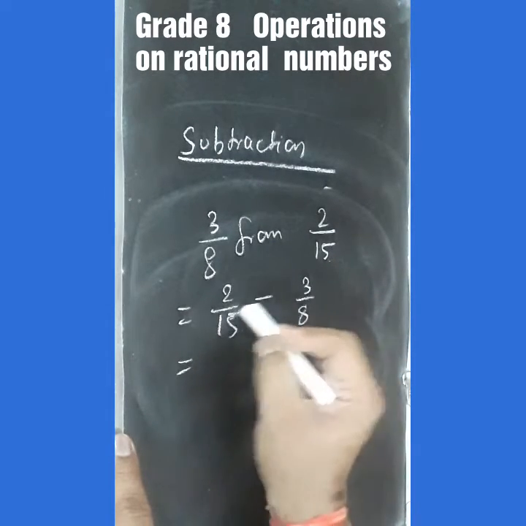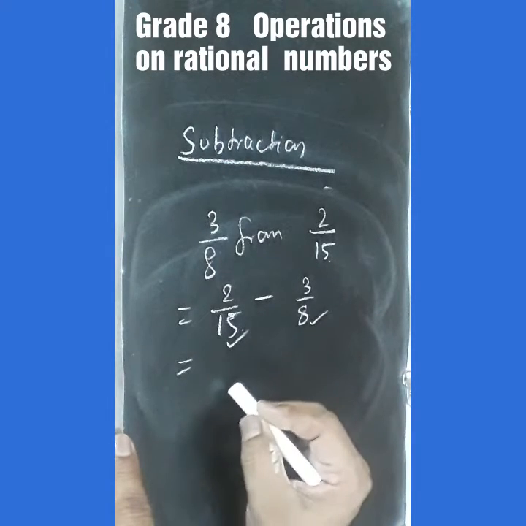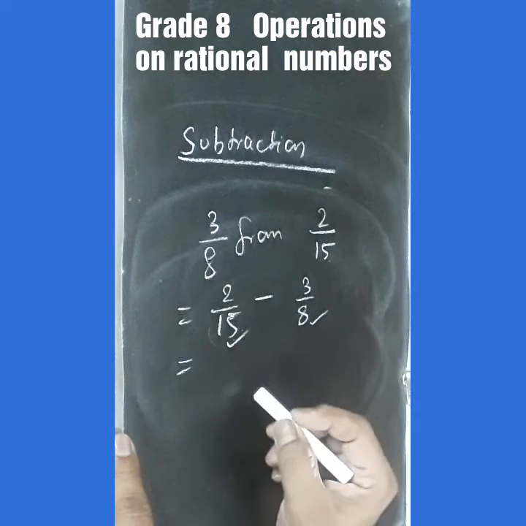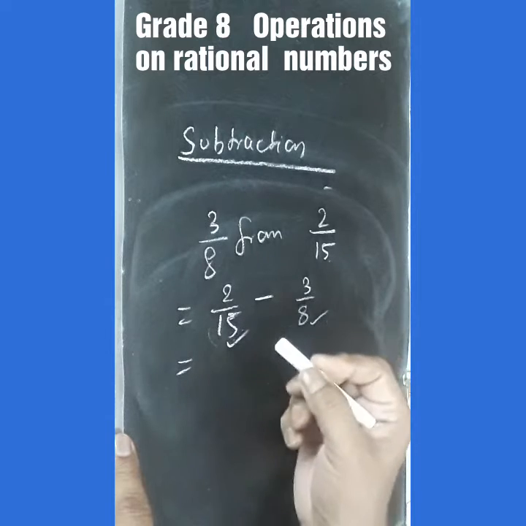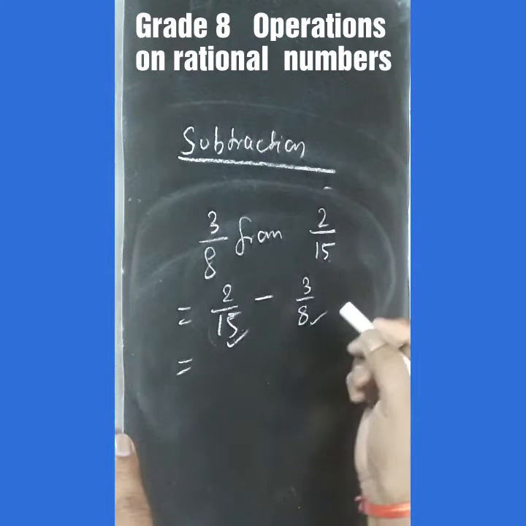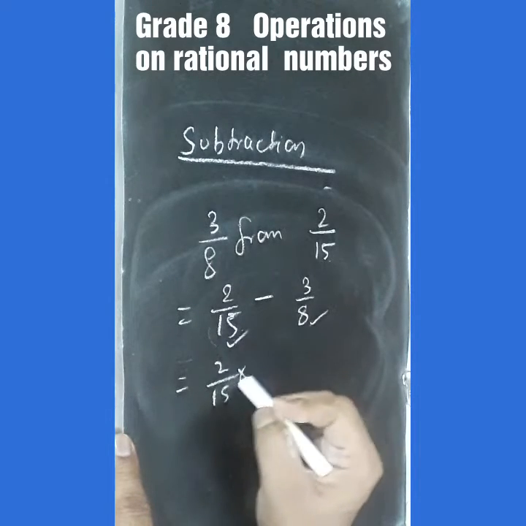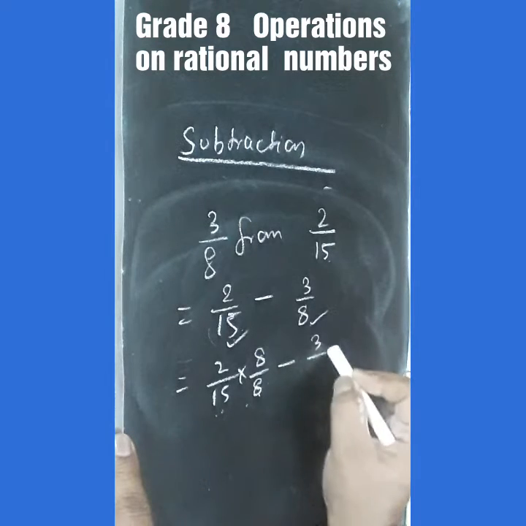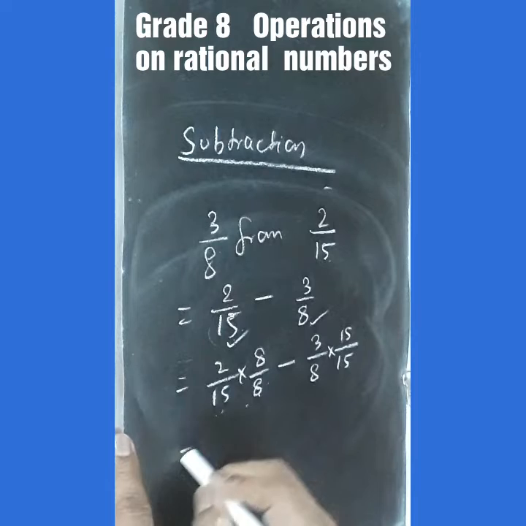And we know by calculation the LCM of 15 and 8 is 120. We have to bring 120 in both the denominators. In the table of 15 we get 120 8 times, and in the table of 8 we get 120 15 times. Now we are going to multiply this by 8 to get 120 here, and this by 15 to get 120 in the denominator.